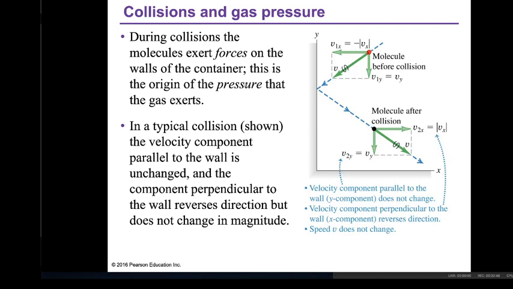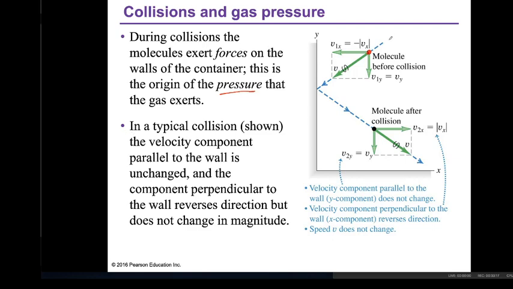This is the origin of the pressure that the gas exerts. This shows just one molecule. You can imagine in the real case, there are so many atoms moving and hitting the wall. If you sum all of the hitting forces, you get a force from the gas on the wall, and that's the origin of the pressure.